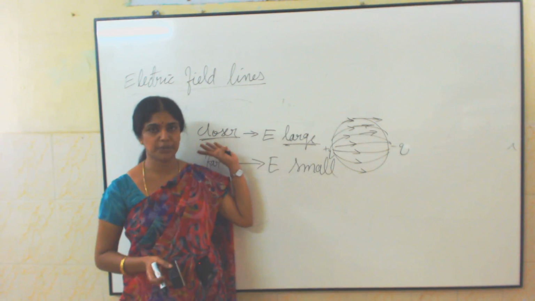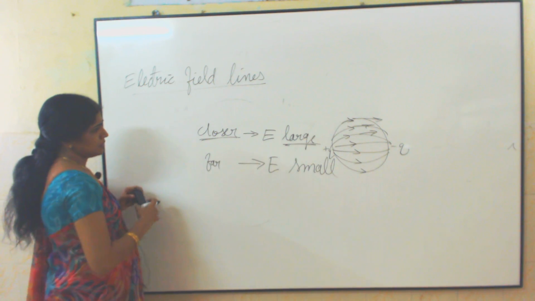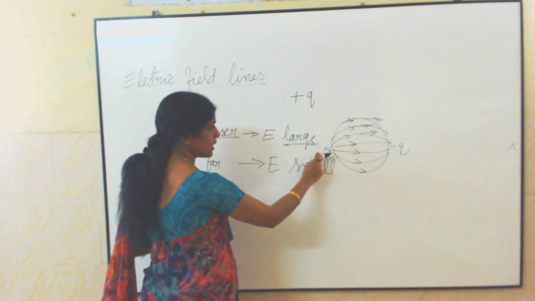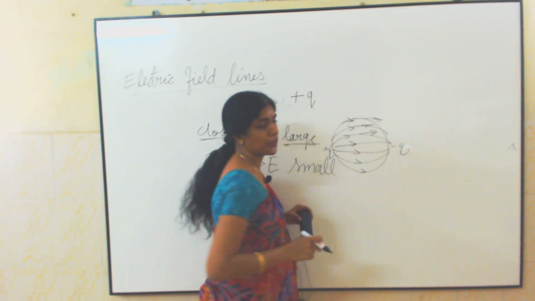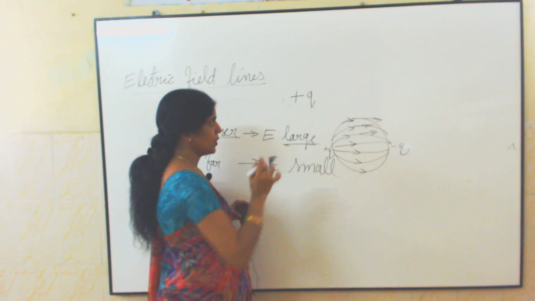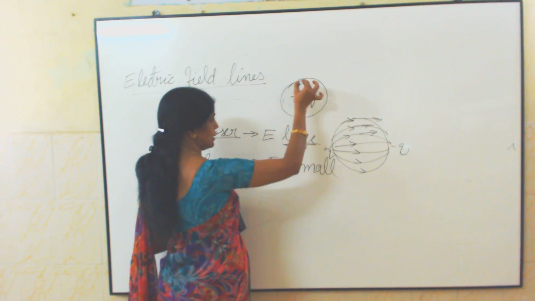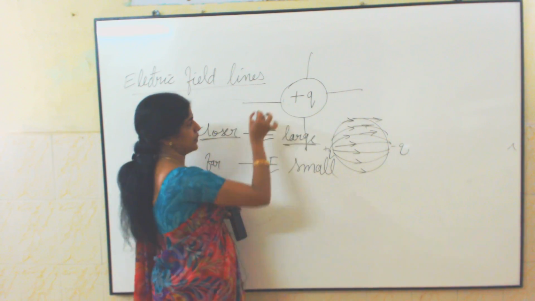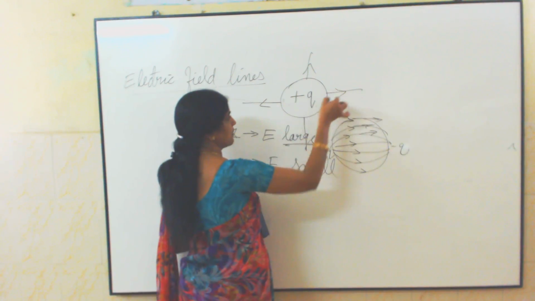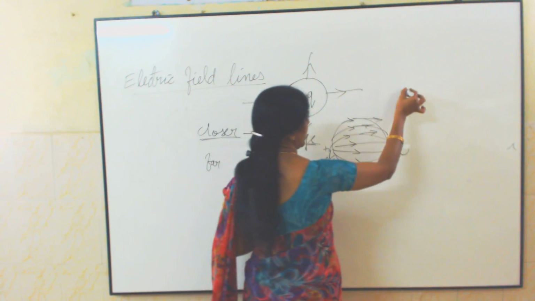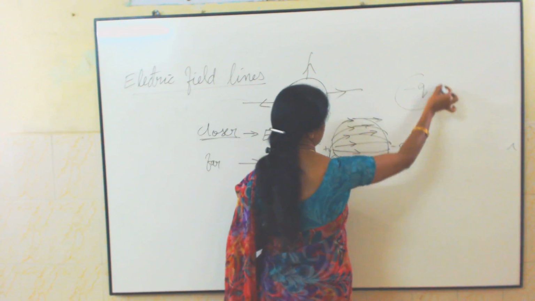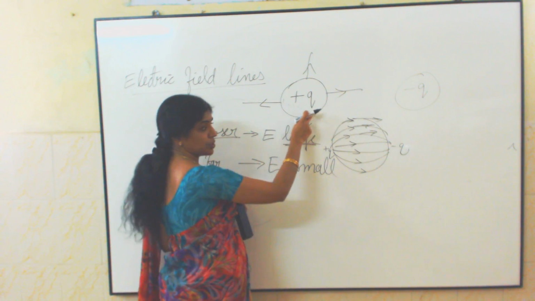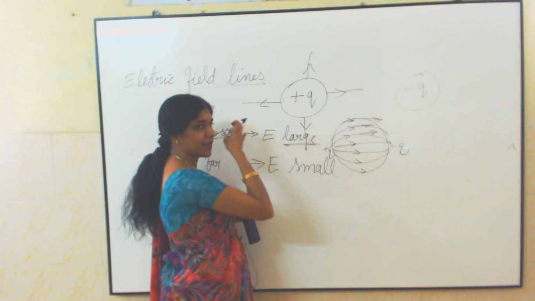Now, if I have only one positive charge, the lines start from the positive charge, and normally end at a negative charge. If there is only one point charge, these electric lines of force will be pointed away, this way. If I have one negative charge, how will the electric lines of force be? If it is a positive charge, they will be pointing away.